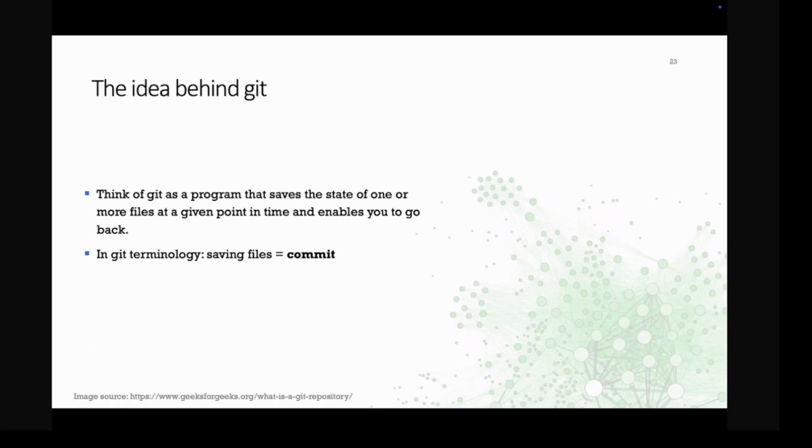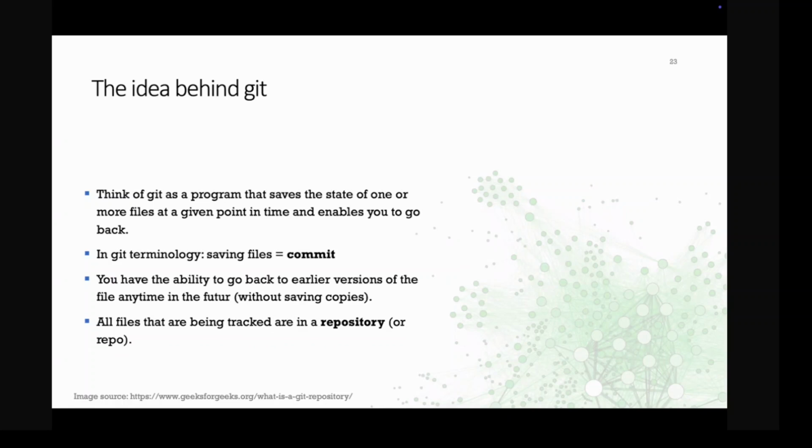In Git terminology, saving a file, or files, is called committing your changes to what is called a repository. And a repository, or repo for short, is something that is being tracked.